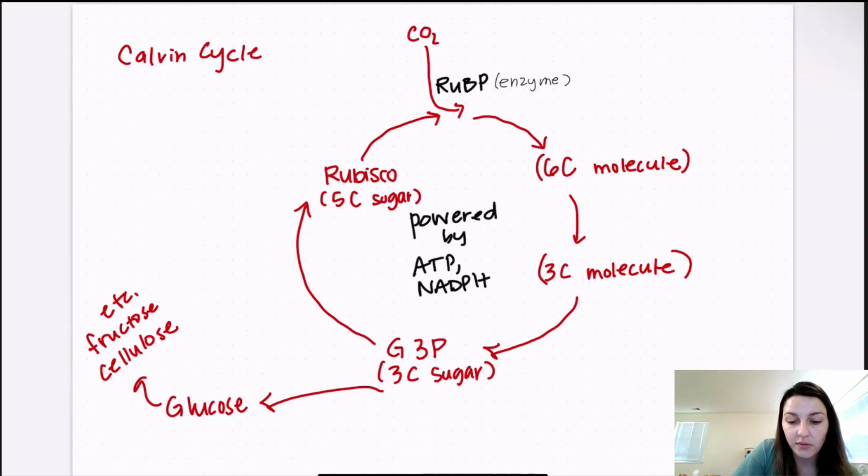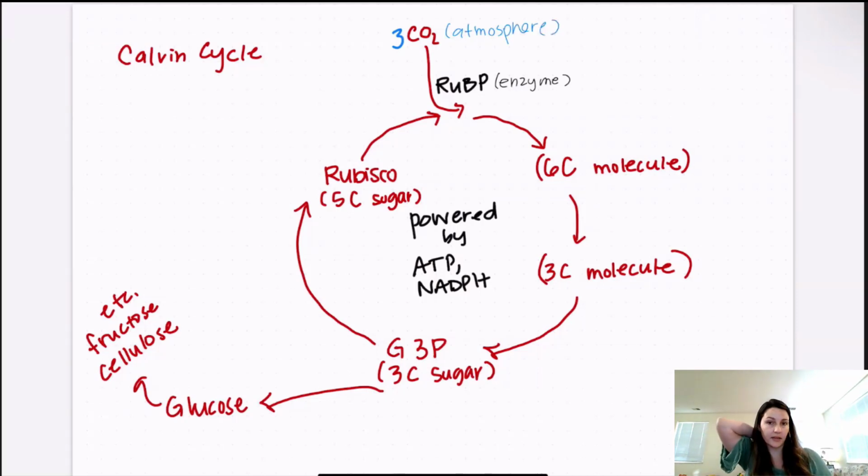So we start off with 3 carbon dioxides, and I should have let you know before that this carbon dioxide comes from the atmosphere. So that CO2 comes from the atmosphere, and we use 3 of those CO2s. We also then produce with rubisco 6-carbon molecules. And then that means that we'll get 3-carbon molecules, because it'll split in half, then we'll double it. That means we also get 6 G3Ps.